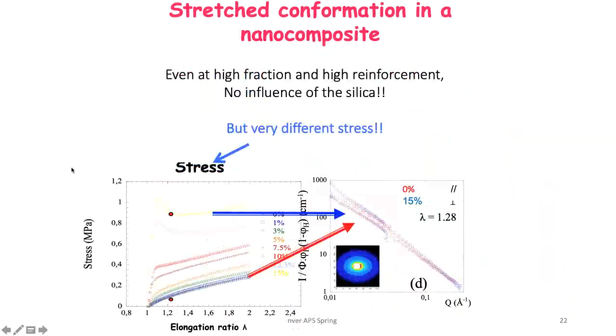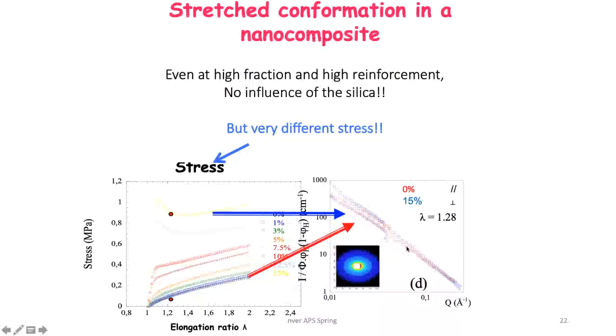What I wanted to show here is that although the scattering are very close to each other, the initial stress during the first deformation is very different. You can see here the stress strain curve. So the blue one here corresponds to the system without any filler, and the small red point, which is on the yellow curve, corresponds to the 15% filled system.